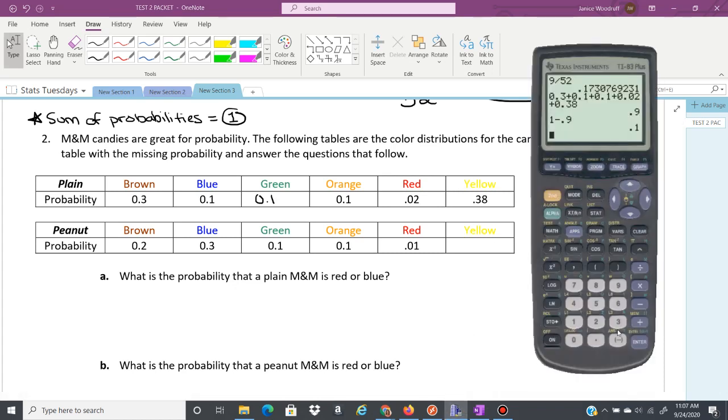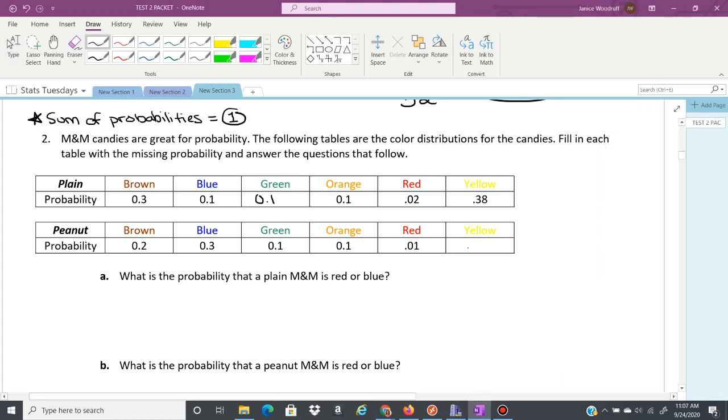So let's add these probabilities. That's going to give us 0.71. And then 1 minus 0.71 will give us 0.29. Okay, so our table is complete.